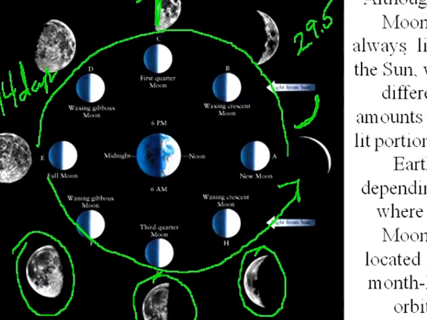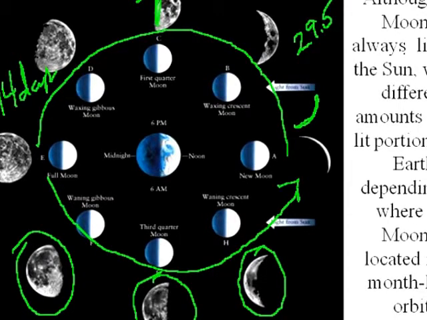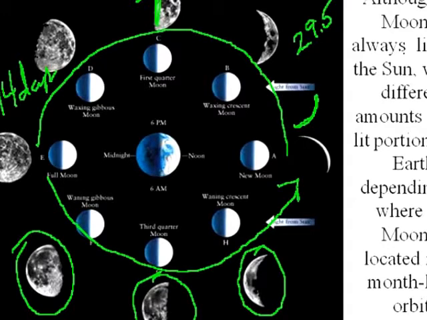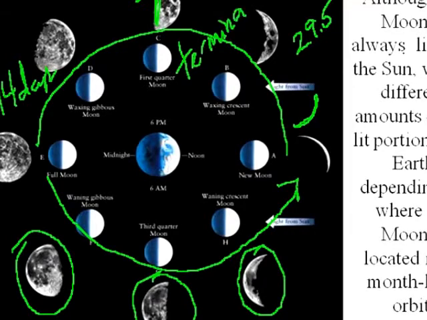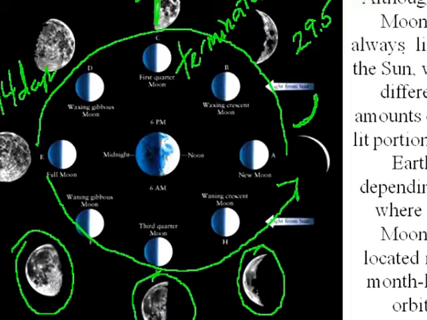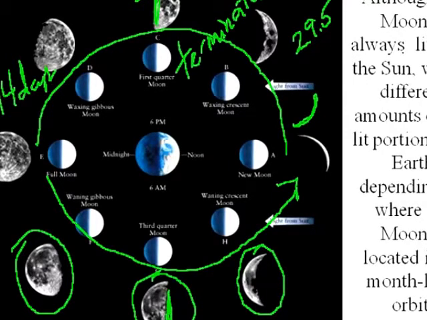It's half full when that line that separates day and night on an object, the light that separates day and night, is referred to as its terminator. And so when the terminator is straight like that, that happens to be the half full night, same way over here.